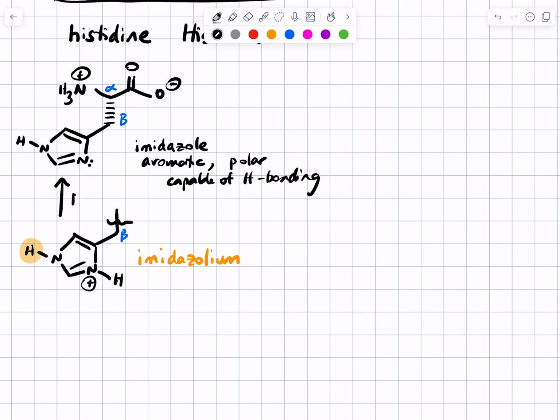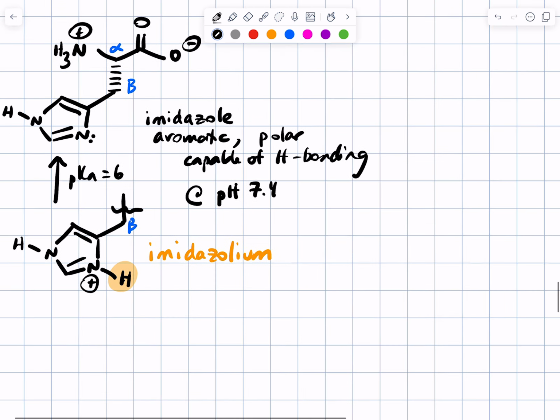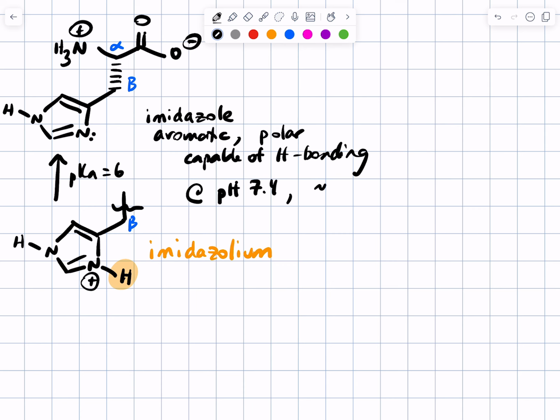And the pKa of that positively charged proton, I guess I should have done that one, is 6. So, interestingly enough, at pH 7.4, you expect it to be around 90% neutral, but about 10% positively charged.